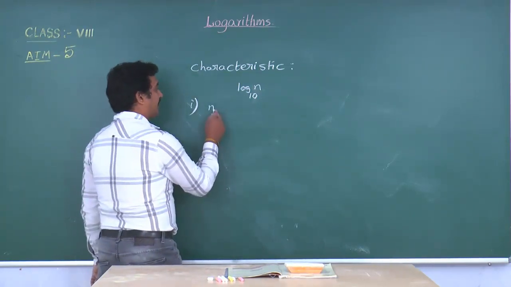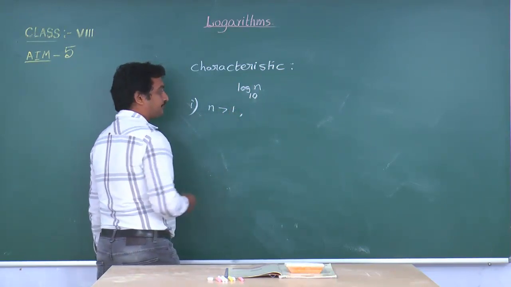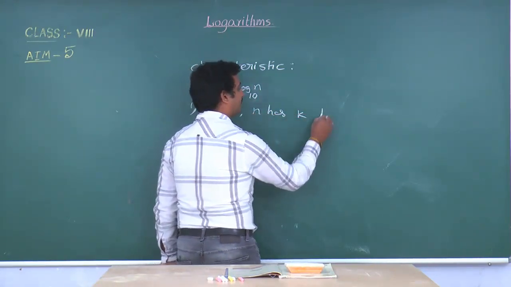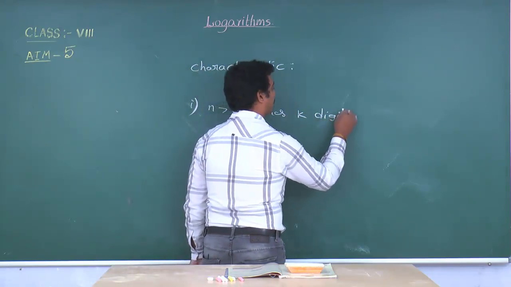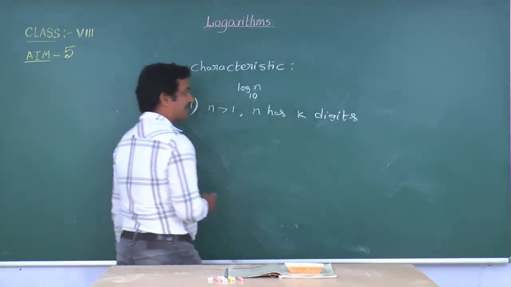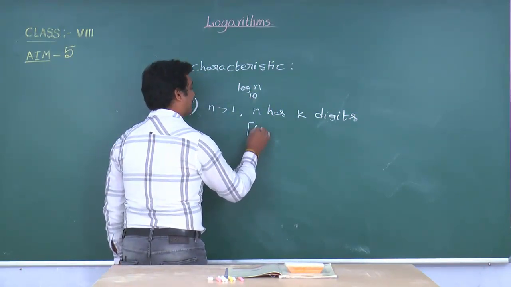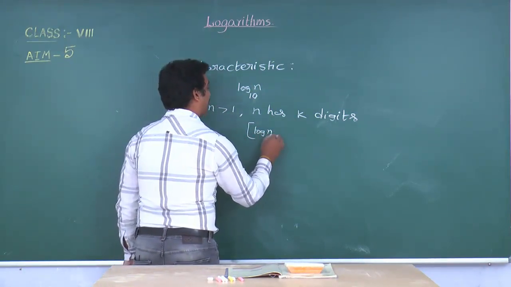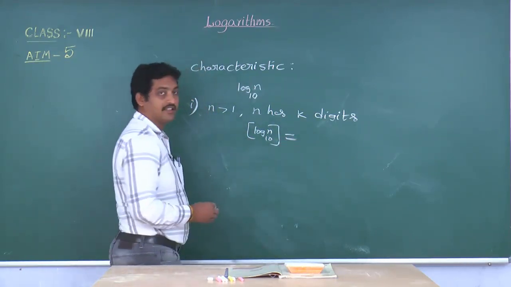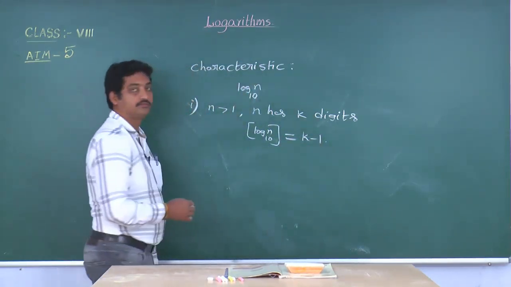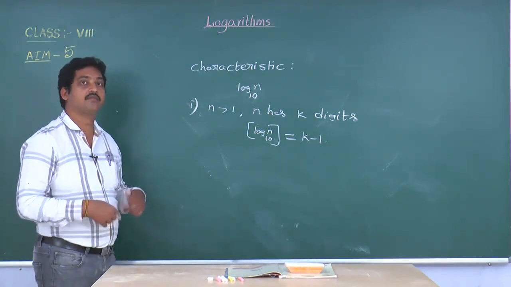Now, if n is greater than 1 and n has k digits, then the characteristic of log n to the base 10 is equal to k minus 1, the number of digits minus 1.